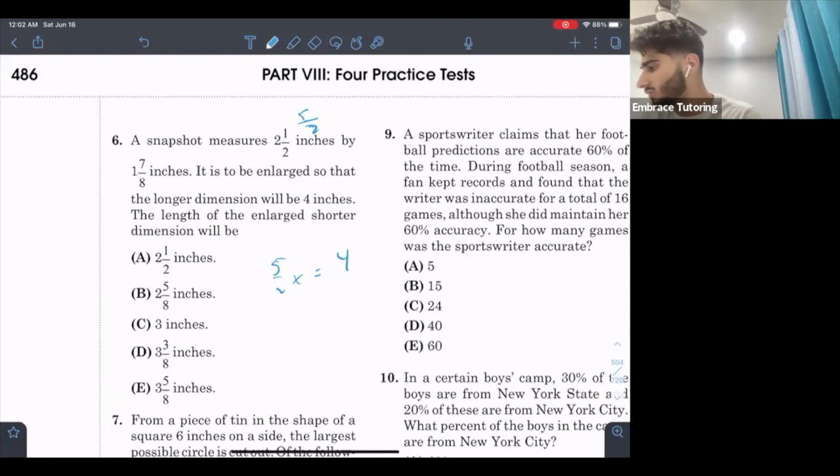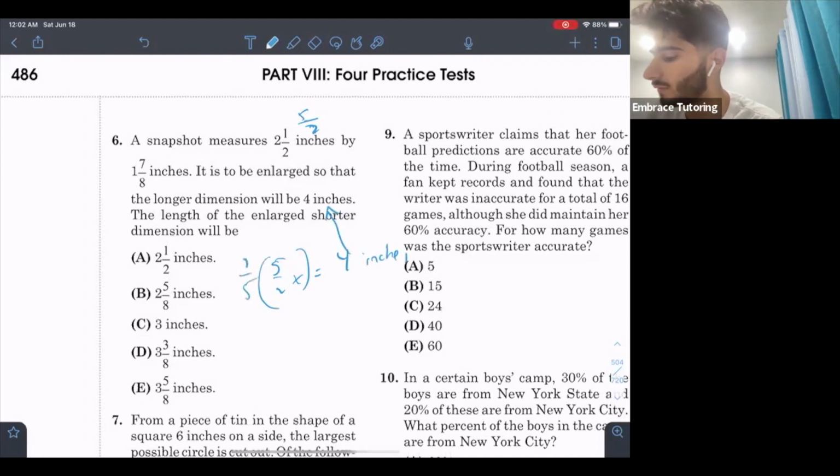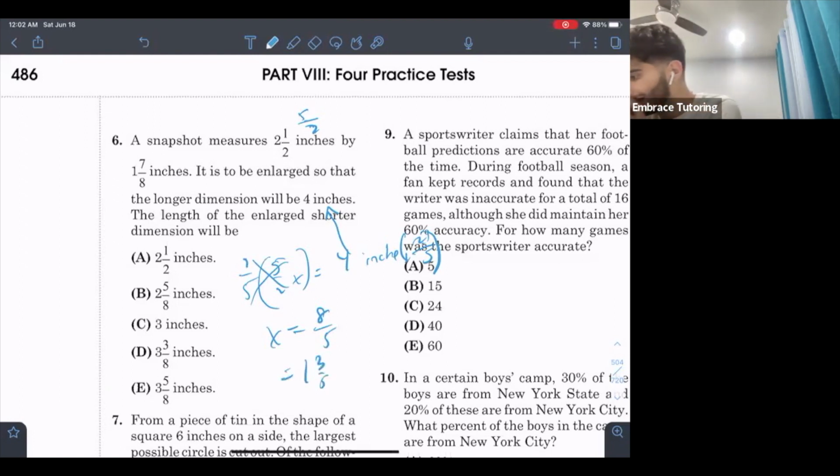So what you could do is, if you multiply everything, 5/2 x is equal to 4 inches, right? Because that's what it tells you in the question. So you multiply by 2/5 on both sides, you get x by itself, and you get x equals 8/5, which is 1 3/5.